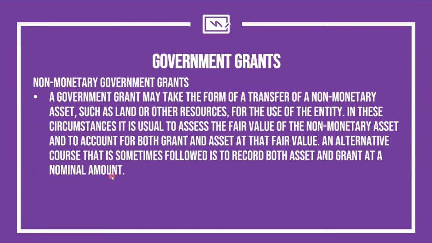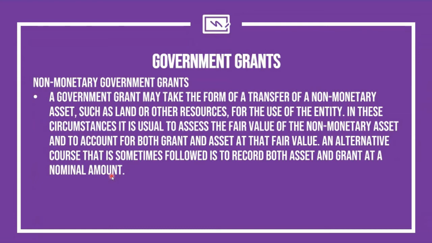And then of course, since you have the building, you need to depreciate it over time. So the depreciation will be recognized as an expense. So the grant that was recognized as income will also be offset by a decrease in your statement of comprehensive income in the form of depreciation. So the net effect will be zero.